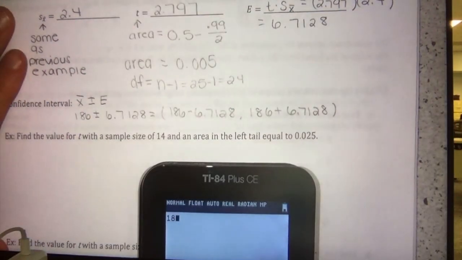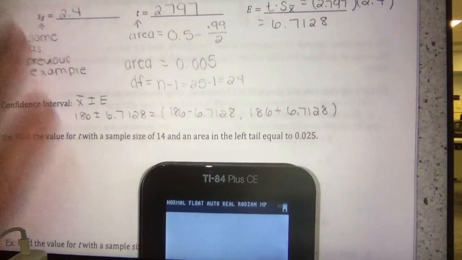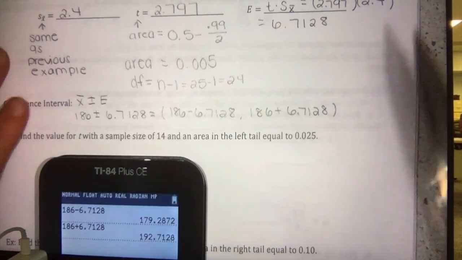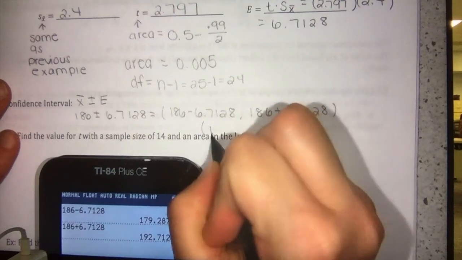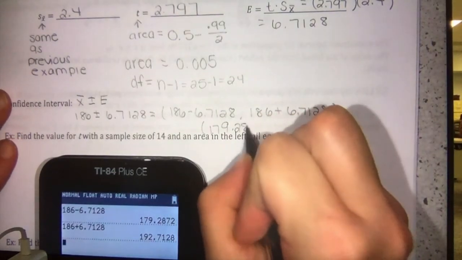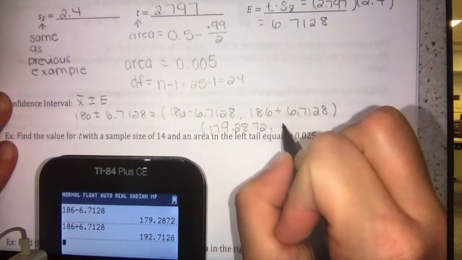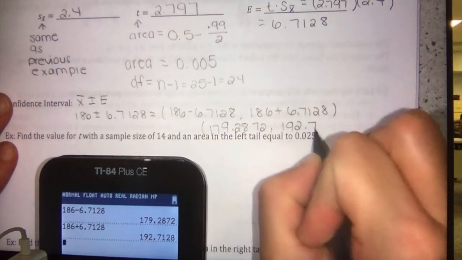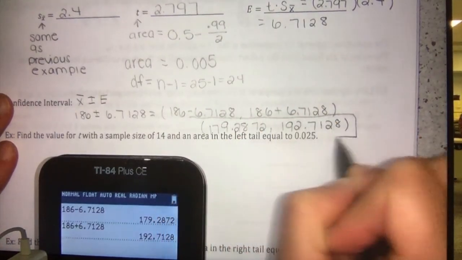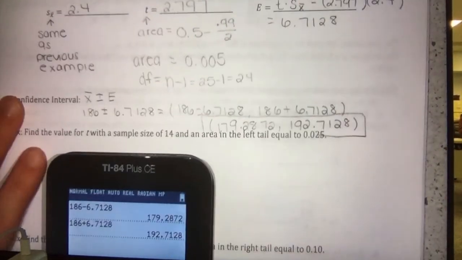So 186 minus 6.7128, and second enter will give us our entry, scrolling over and doing plus. So that will give us our answer of 179.2872 and 192.7128. Again, we would just round as needed, but I don't like to round. I'm going to leave it as much as I can.